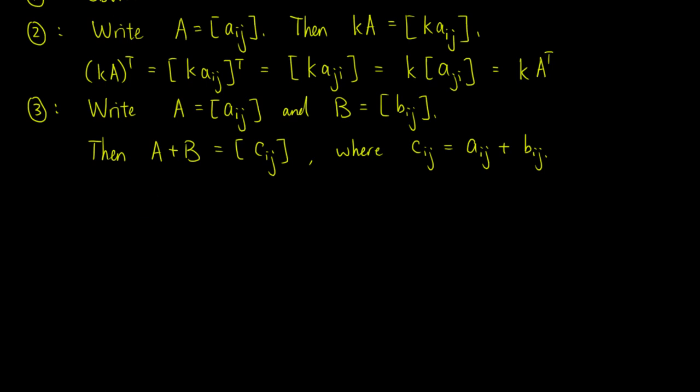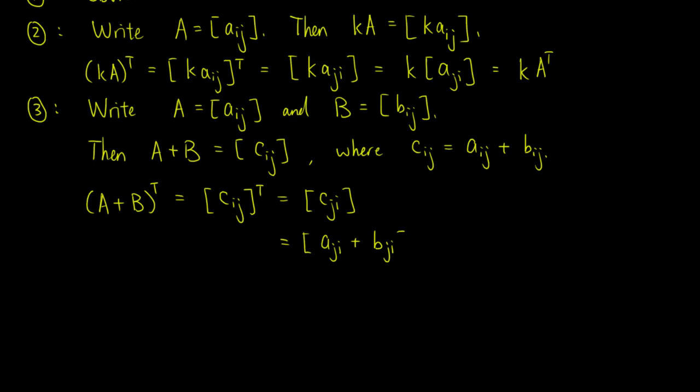Then the transpose of A plus B is equal to the transpose of the matrix with entries c_ij, which equals the matrix with entries c_ji. But c_ji equals a_ji plus b_ji, so we can break this off into two matrices, one with entries a_ji and the other with entries b_ji. So it is equal to A transpose plus B transpose, and the proof is complete.